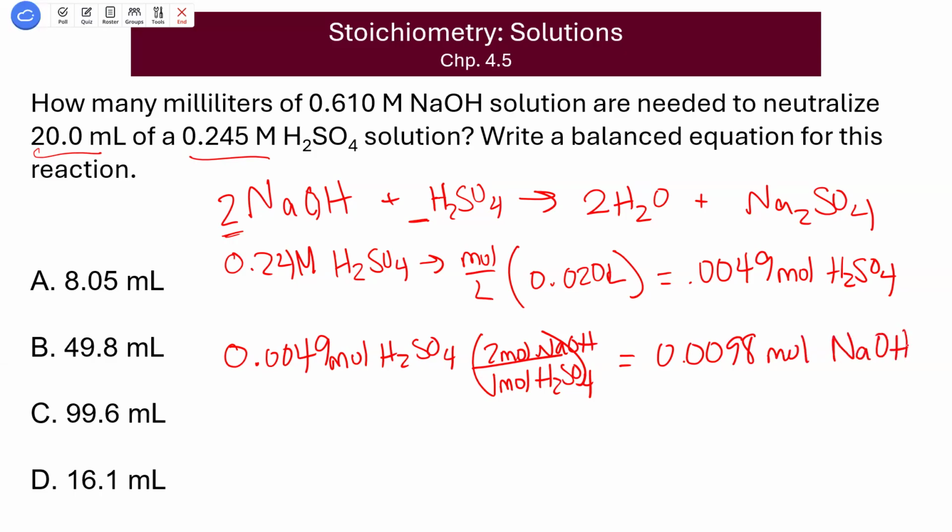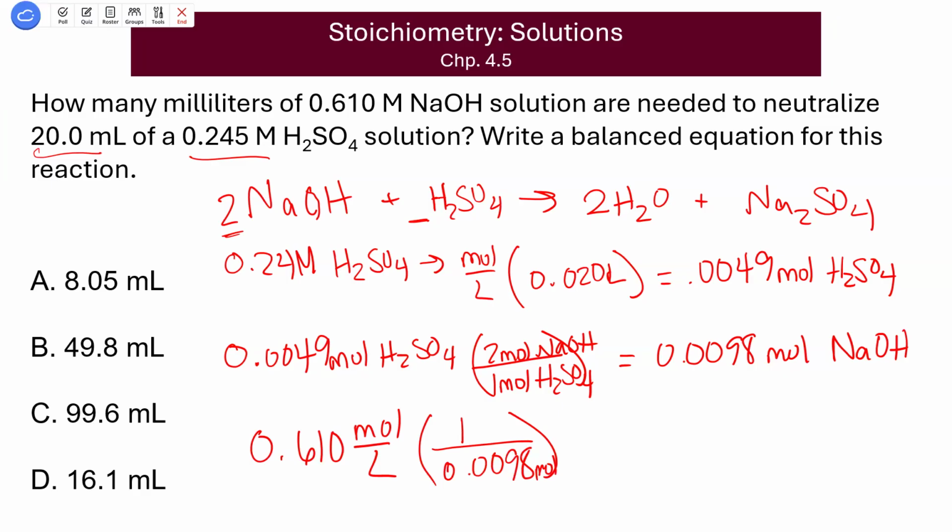Okay. And then in order to get the volume, we need to use the concentration of the sodium hydroxide that you have. So again, molarity is moles over liter. You're given moles, and so in order to cancel that out, you can say 1 over 0.0098. That'll give you 1 over liters.